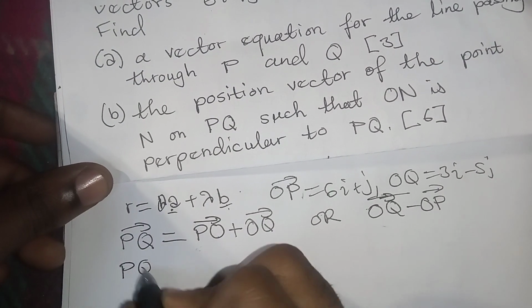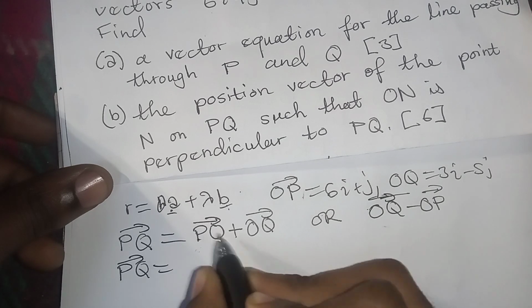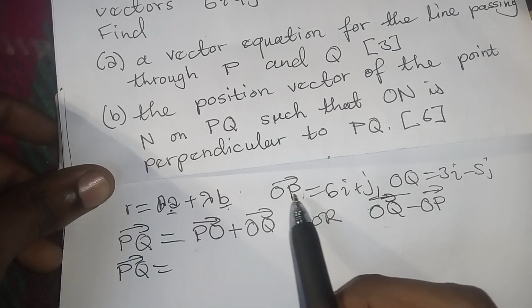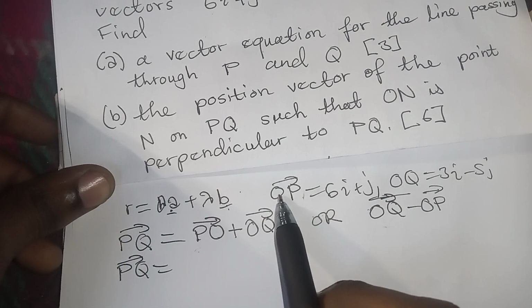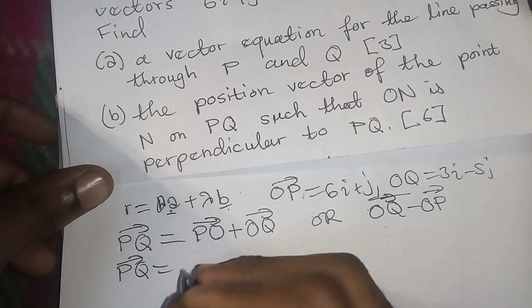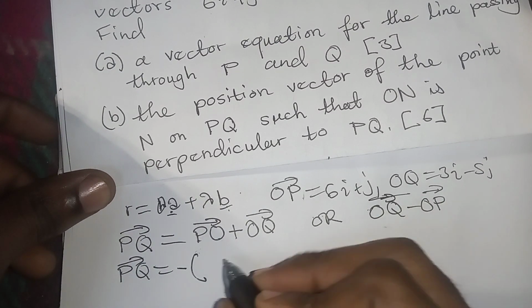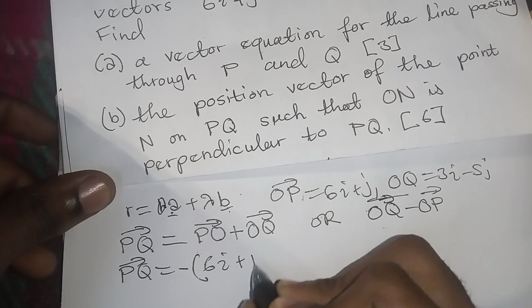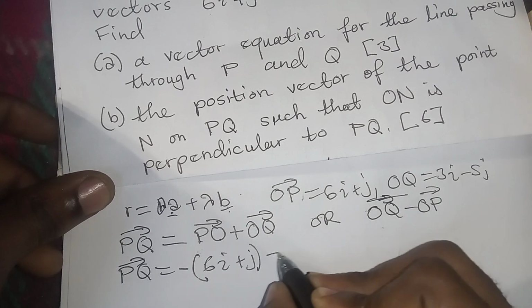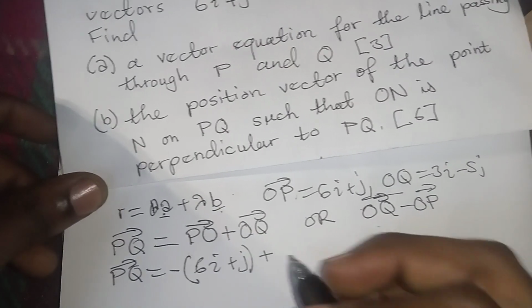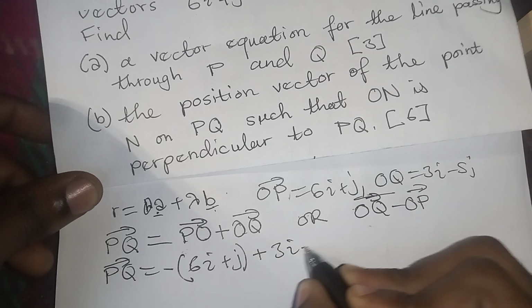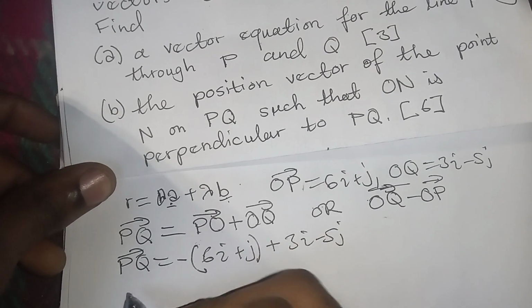So your PQ is PO. PO is the opposite of this. So this is OP, this is PO. So you can just put the negative sign and say minus 6i plus j, and then plus OQ. OQ is 3i minus 5j.